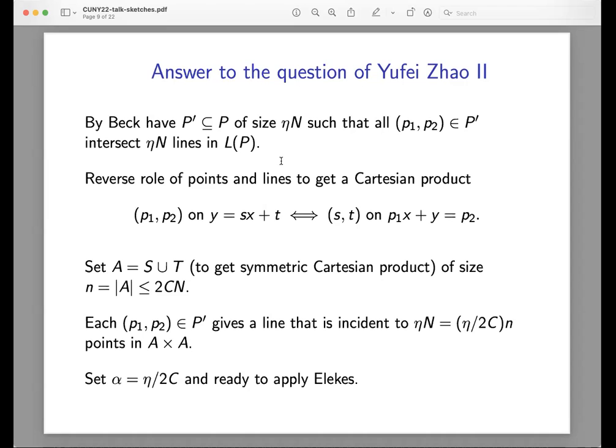Now by Beck's theorem, a point in P prime gives us lines that are incident to at least eta times capital N points in A cross A. Capital N is at least n over 2C, so we get a proportion of eta over 2C. We get a line that is incident to many points. So now I take the alpha in Elekes's theorem to be eta over 2C, and I can apply Elekes's theorem because I have a Cartesian product.